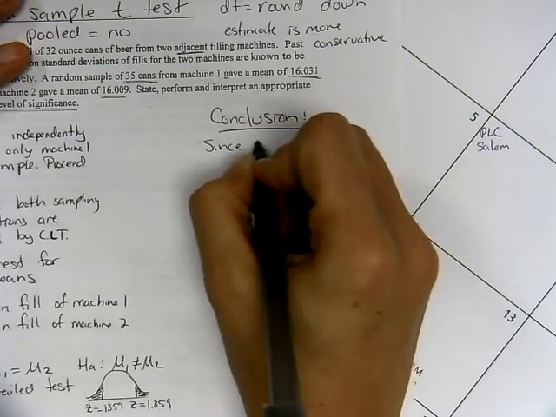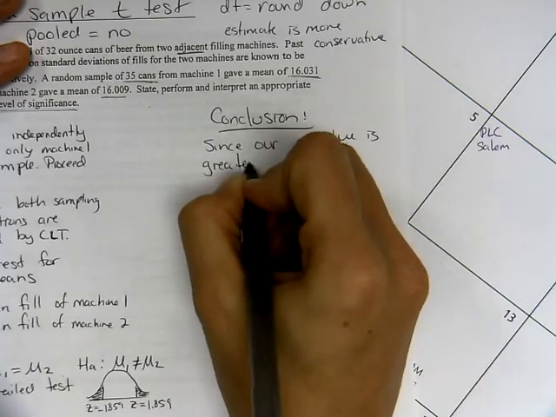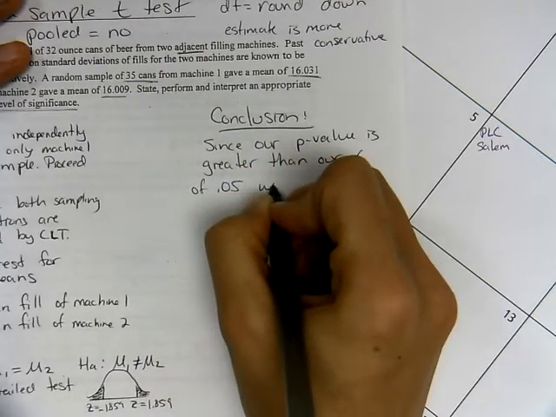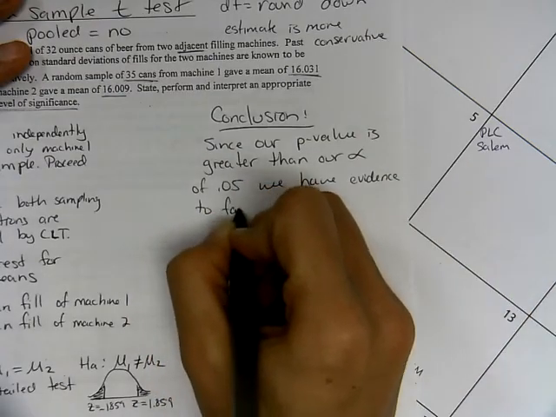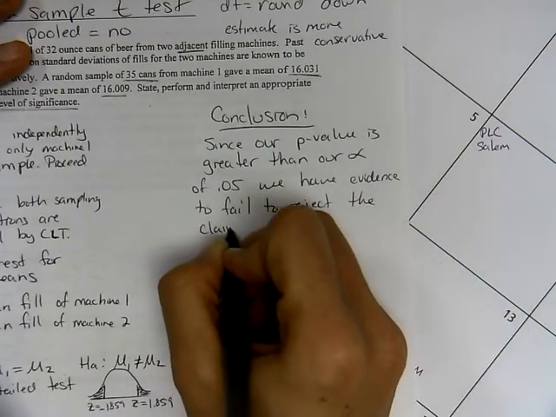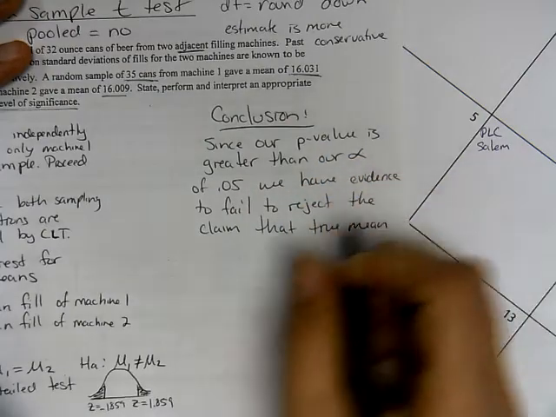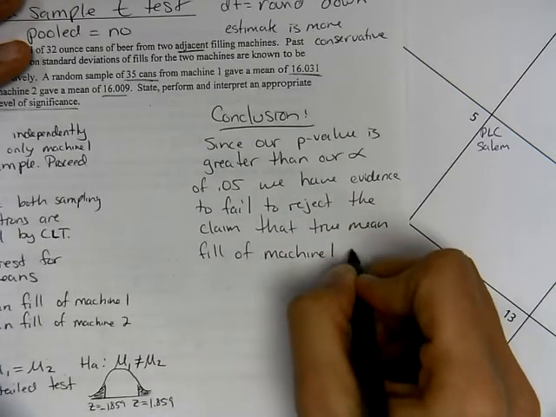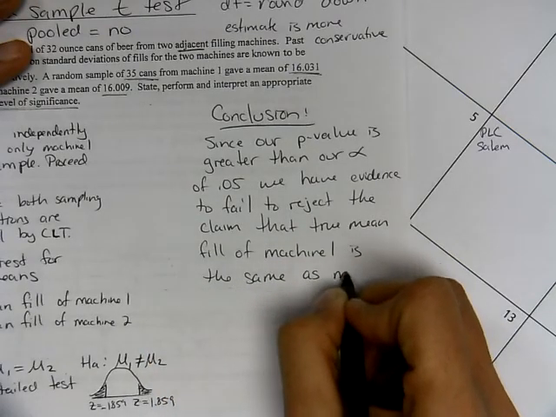So since our p-value is greater than our alpha of 0.05, we have evidence to fail to reject the claim that the true mean fill of machine 1 is the same as machine 2.